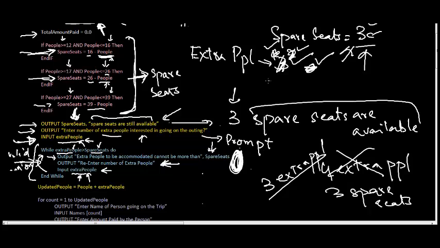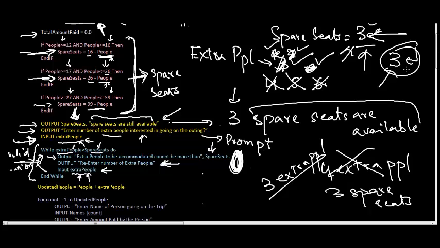But if a user provides a value like 4, this will make the loop run once again. If a user provides 5, we will still be stuck in the loop. If 6, we will still be stuck in the loop. So in this example, it has to be 3 or fewer extra people that can go out on the trip.